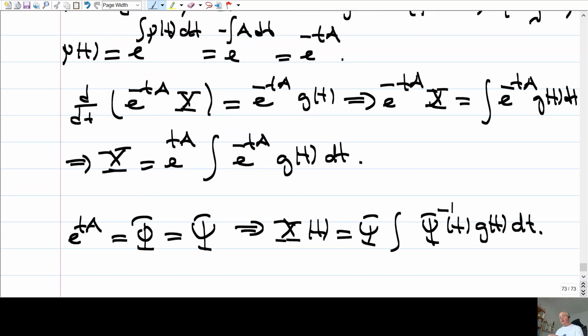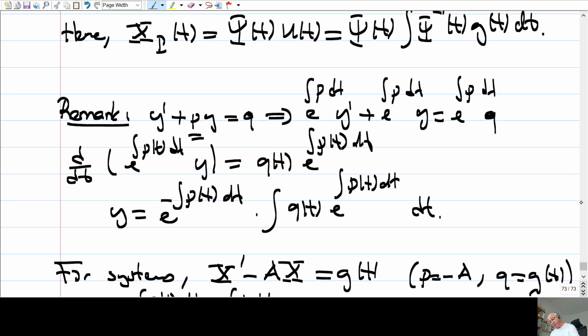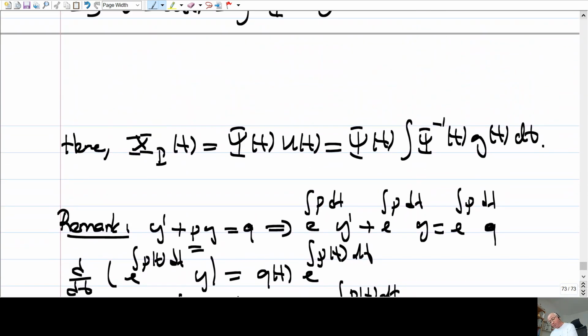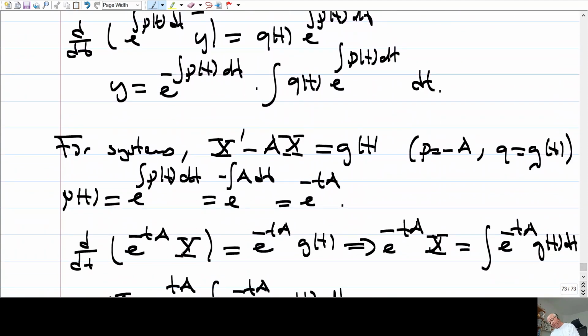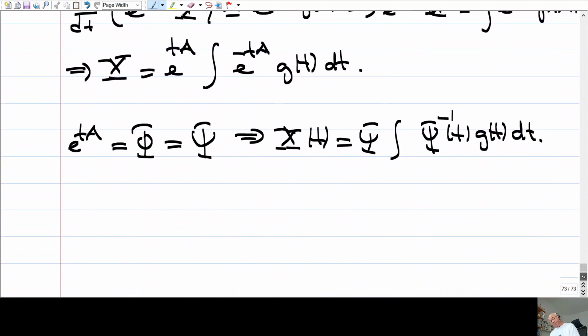So this variation of parameters is actually not something new. It is just our old integrating factor method to find a solution. Right? We found the same thing here too. Okay. Let me stop here.